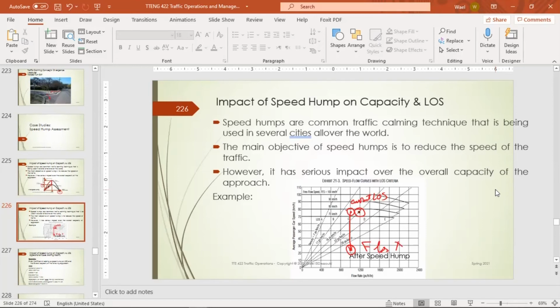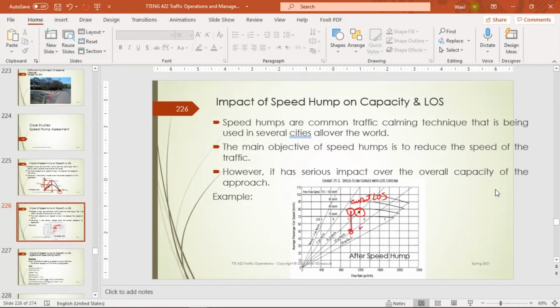Instead of doing that, the maximum we can reduce the speed without getting to F is basically going here. Even if we reduce the speed to this level, 50, that's almost D, so this is still acceptable.